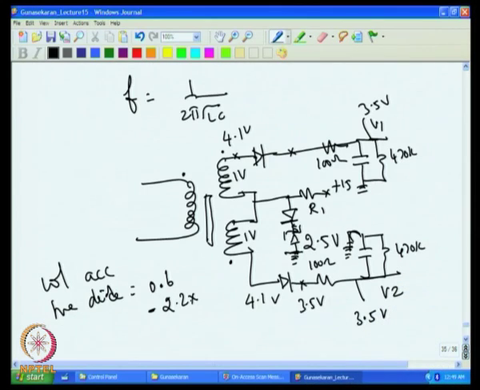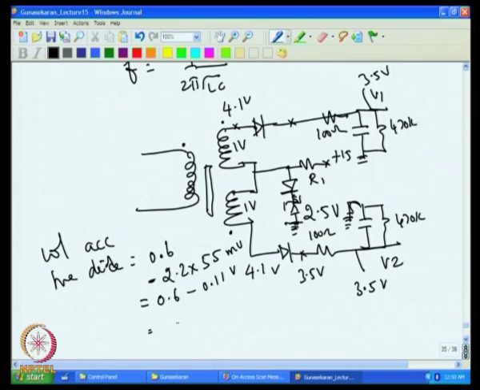The temperature difference is 55 degree. So, that will give you 0.6 minus 0.11 volt, because 2.2 millivolt into 55 will give you 110 millivolt. So, the voltage will be 0.49 volt.